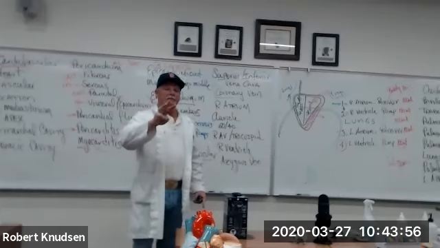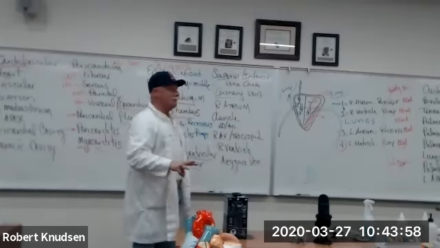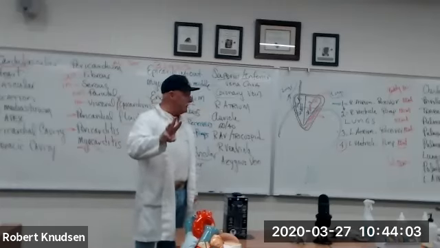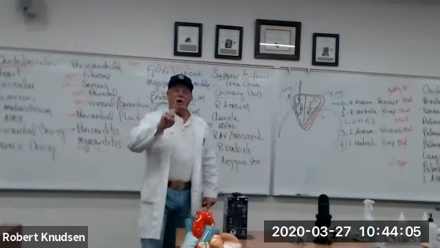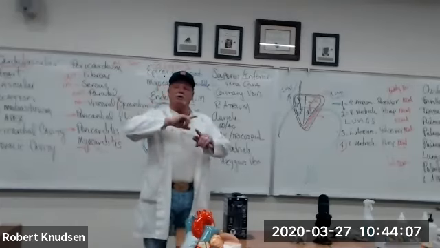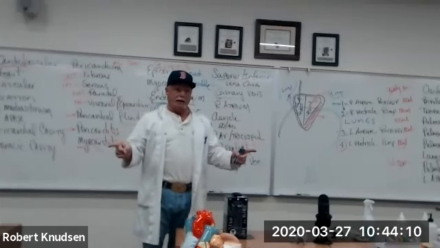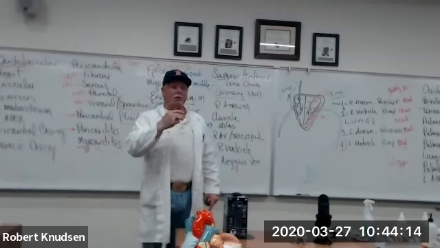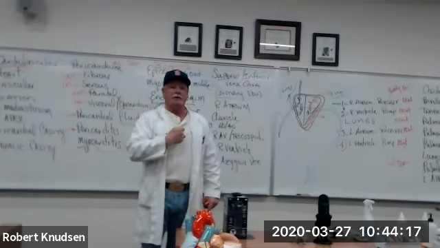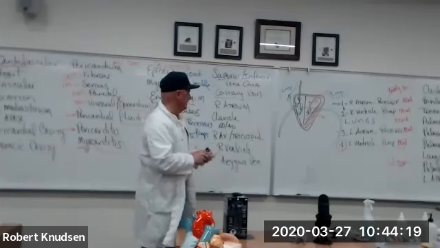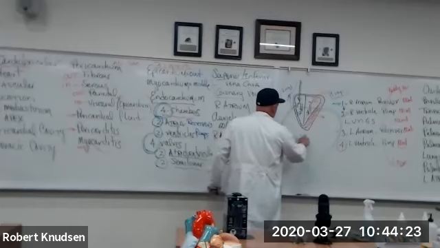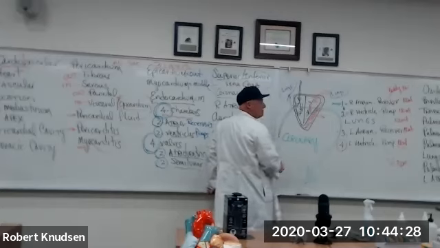Okay? We have three circuits. I don't have it up here, so write this down. A circuit means it leaves the heart, goes directly to a certain part, and comes back. One circuit goes to the heart itself. It's called the coronary circuit. The second one goes to the lungs.